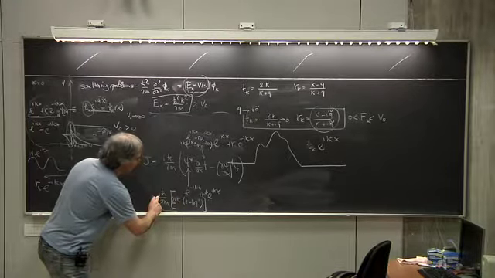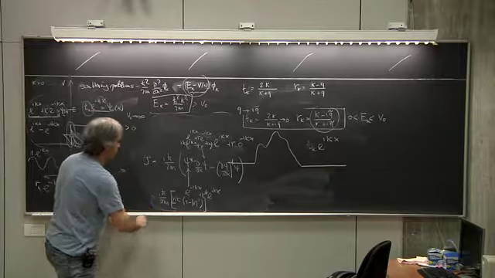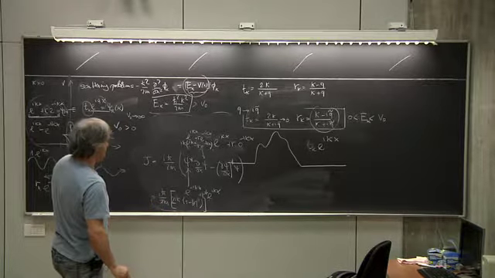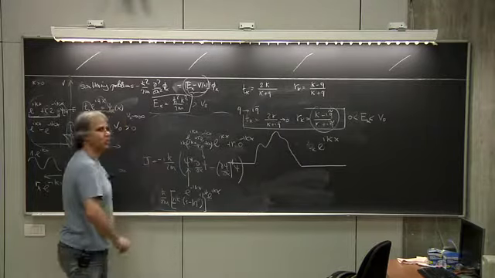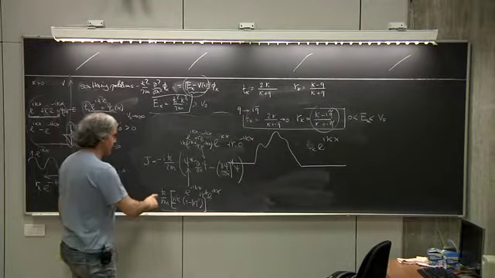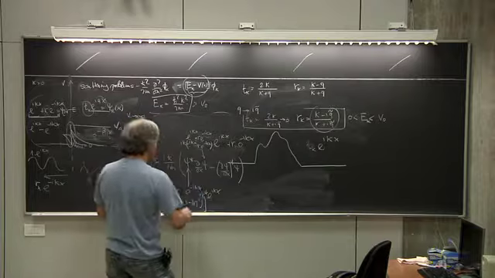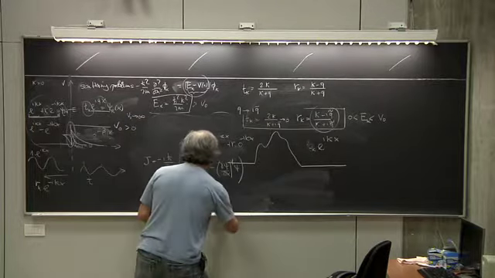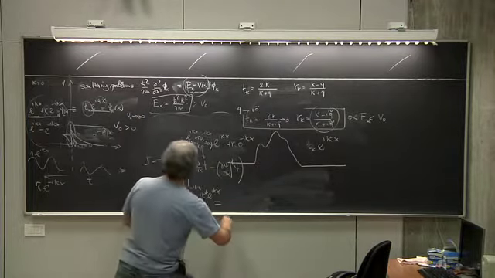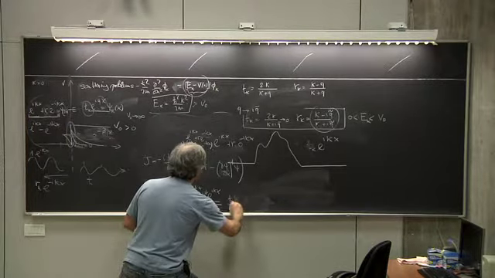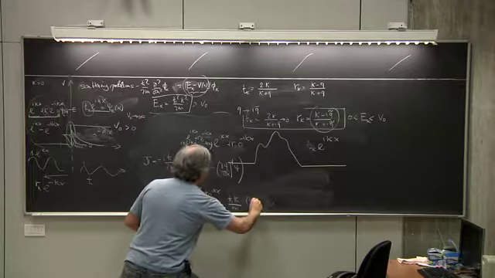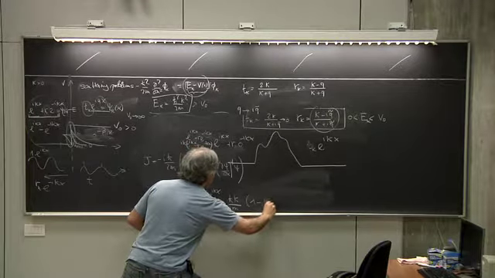I and i becomes a minus. This is the way to really check. So the result here, if you just collect everything, is h bar k over m times 1 minus r squared.